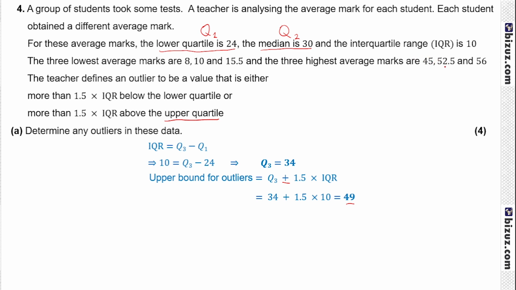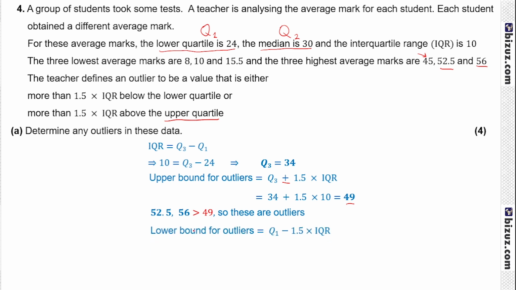This is actually the highest mark that's not an outlier, as we'll see. That's because it's 49, and the ones that are beyond that are 52.5 and 56. So I'd just like you to keep in mind that 45, this mark right here, is the highest mark that's not an outlier. And so the outliers on this end are 52.5 and 56. These are greater than 49, and so these are outliers.